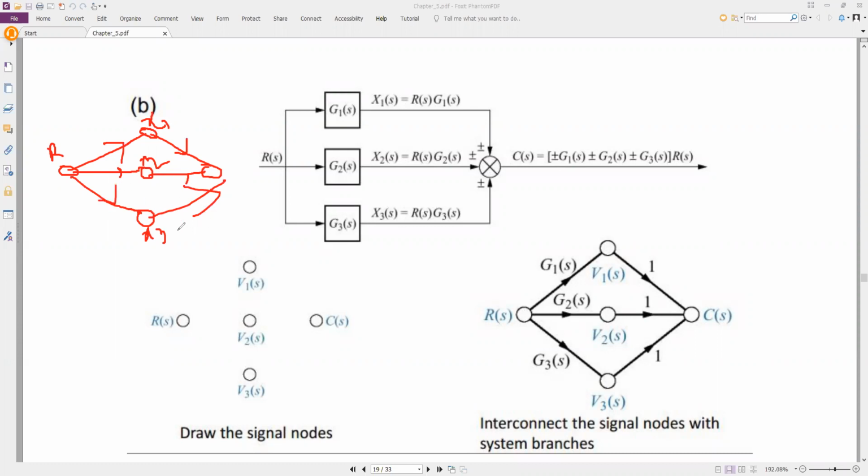Look at this. That would be the conversion of the given problem.